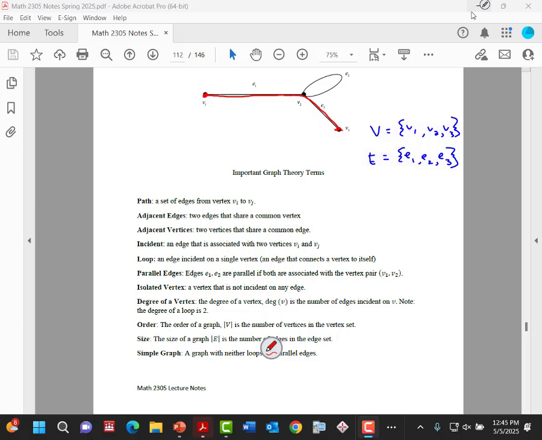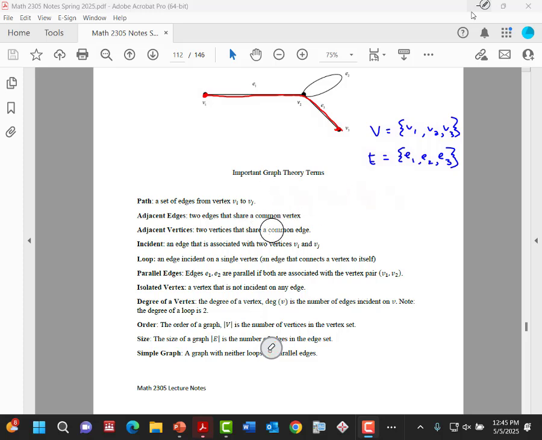So this path might be V1, E1, V2, E3, and then V3, where I travel from vertice along an edge to another vertice, and then along a different edge to vertice 3. And so we would simply call this a path.